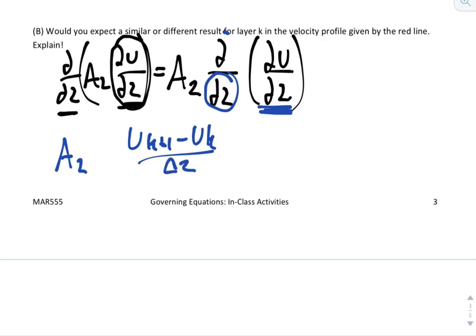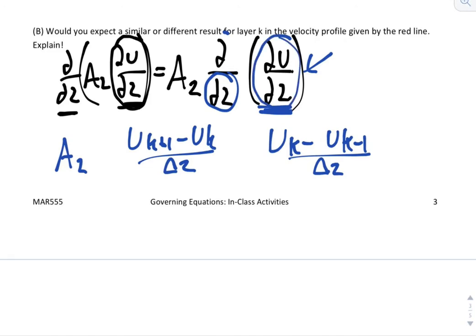This is simply an estimate of du dz at the upper portion. And what I'm going to do is take the difference between the value of the gradient at that interface and the interface below, u_k minus u_(k-1), over delta z. So those are two different estimates of du dz. One is above, one is below. And now I'm going to estimate the rate of change of that gradient. So this gradient here and this gradient right here, divided by delta z.